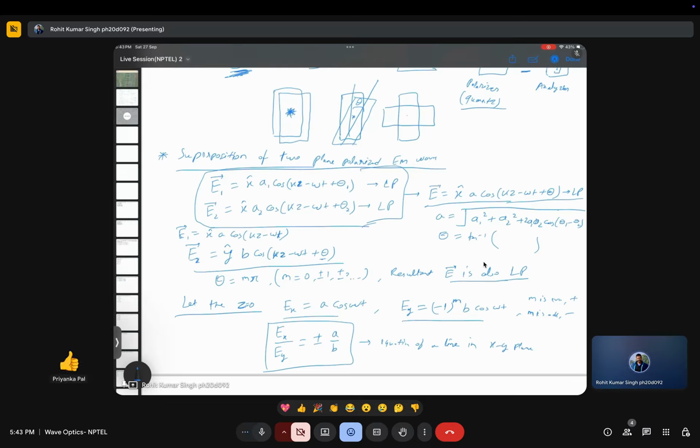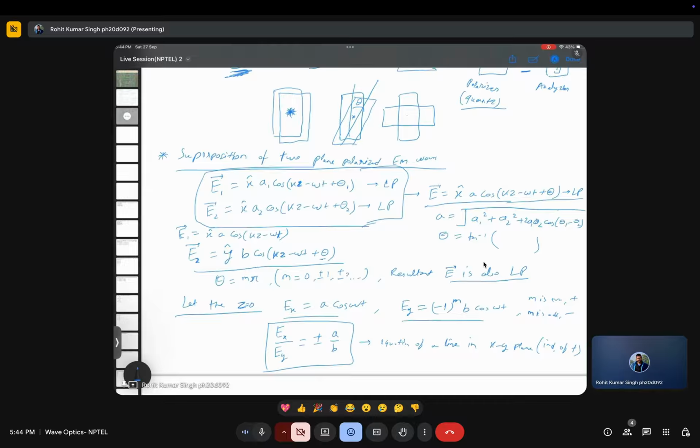So you see that the vector of your resultant wave is basically part of a straight line, and so they are linearly polarized. And this is also independent of time, so independent of t. So it doesn't matter at what time you are looking at. Okay, always it will be a straight line in the xy plane.